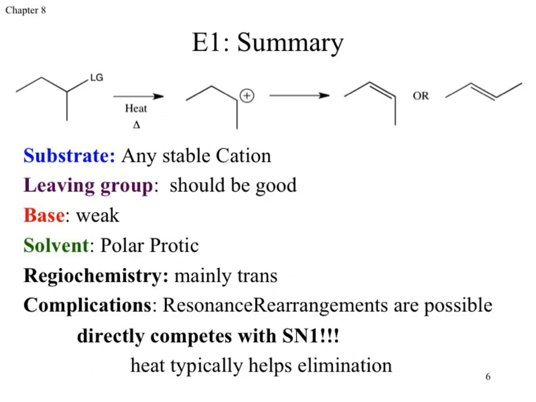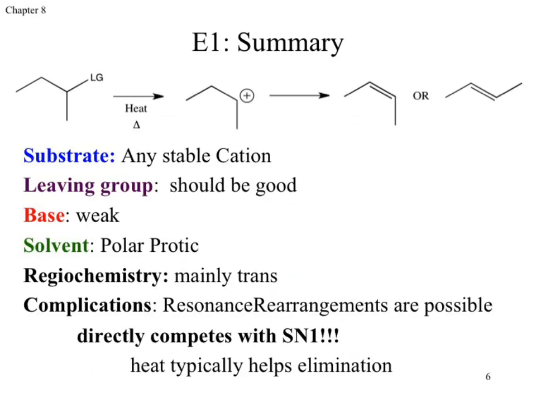Do not ignore it. If you draw a mechanism where a carbocation pops up, you should immediately be thinking, what can I shift to make this more stable? If you can't shift anything, then you can continue with the rest of your mechanism. Otherwise, you've got to go through that resonance or rearrangement situation and decide, is that a valid thing to do or not? So you get the exact same complication you get with the SN1, which brings up our very last issue with this.